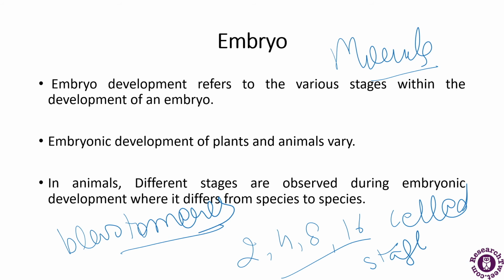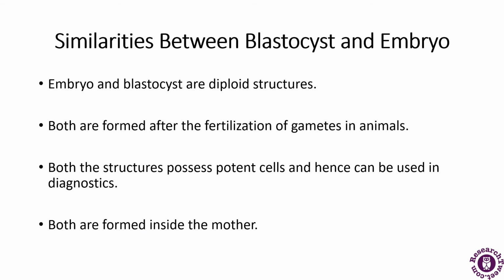The embryo gets nourishment and oxygen from the placenta. Moreover, the placenta also helps in removing the waste produced and carbon dioxide by the embryo. It also acts as an endocrine organ and secretes various hormones like HCG, estrogen and progesterone for maintenance of the pregnancy. So this was about the embryo formation.